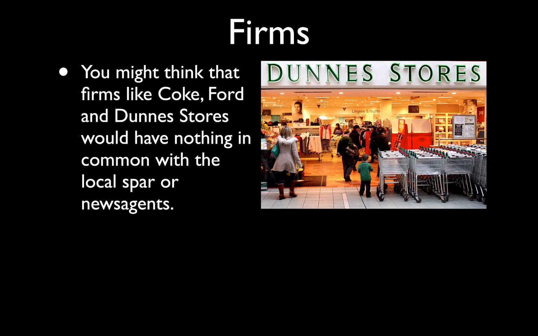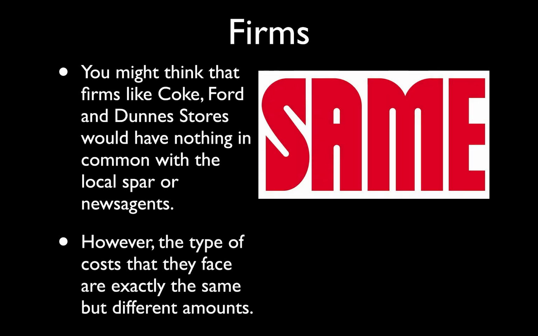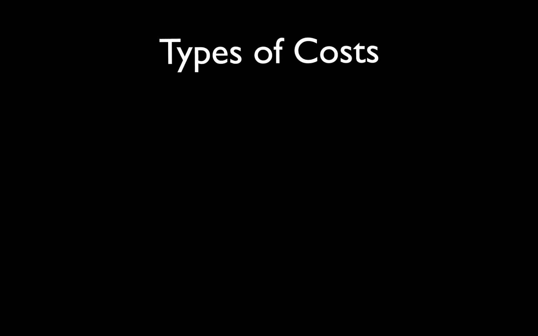But actually, the categories of costs that they face are exactly the same. The amount of money that each of those massive multinational companies pays would be far different to your local corner shop, but how we categorize costs is exactly the same. So, how do we categorize them?